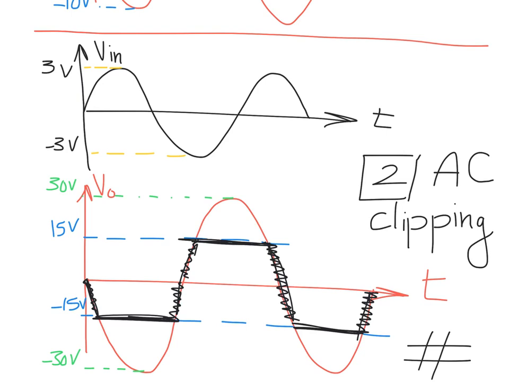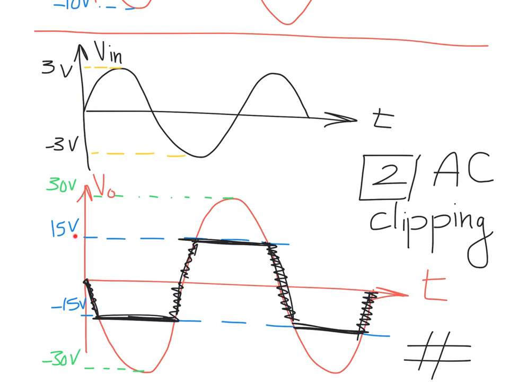So again, it will be flipped, the positive becomes negative and the negative becomes positive. 3 will give you minus 30, minus 3 will give you plus 30. But again, the voltage source connected to this operational amplifier is just between minus 15 and 15.